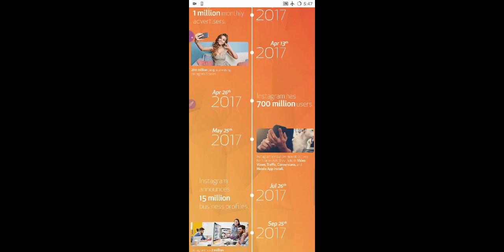In March 2017, Instagram story ads became available to business users at the global level. Instagram had 1 million monthly advertisers in March 2017. 200 million people were using Instagram stories in April 2017.